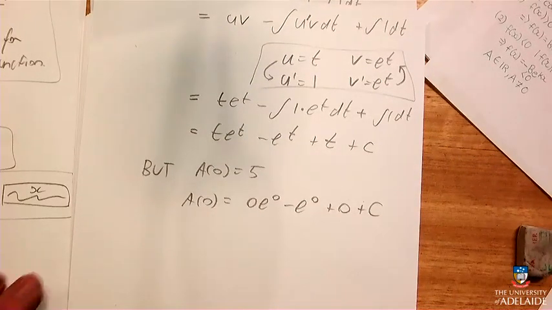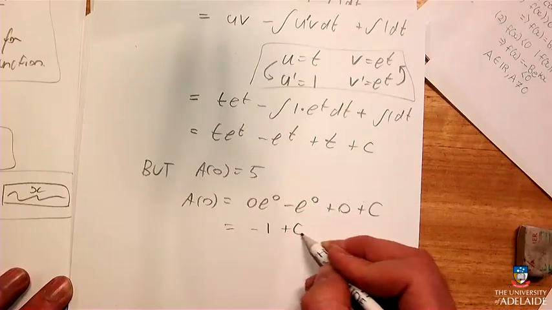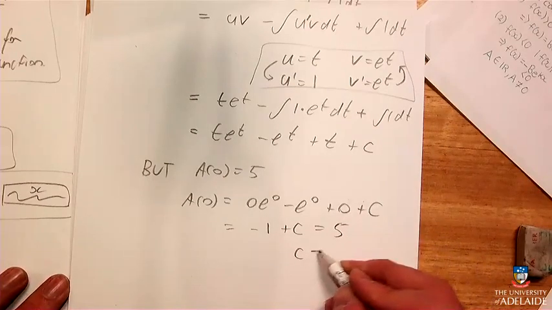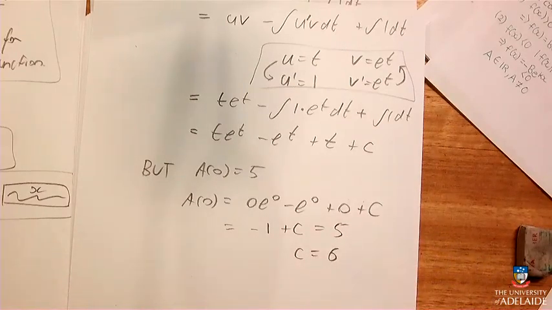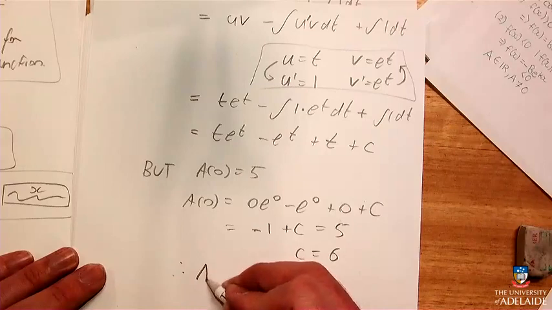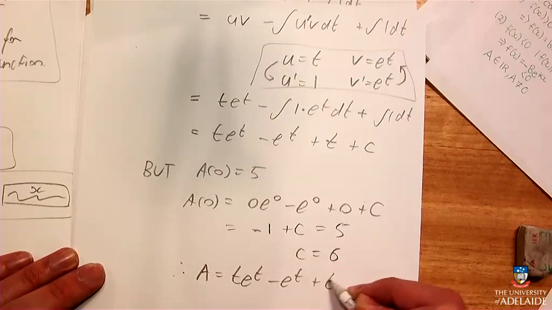And this is 0 minus 1 plus c. And that's supposed to be equal to 5, which means the c must be 6, because I'll solve this equation. And so therefore, A is actually t e to the t minus e to the t plus t plus 6.